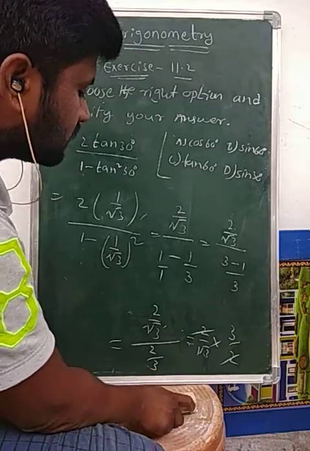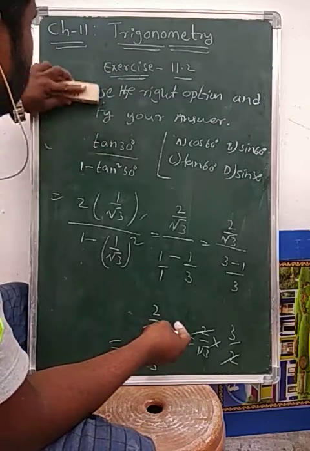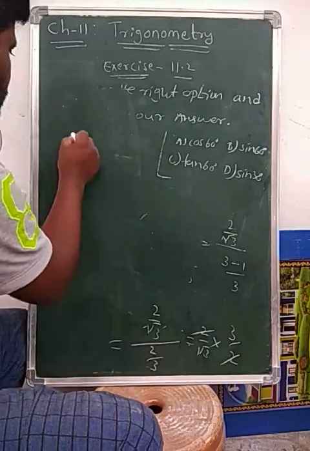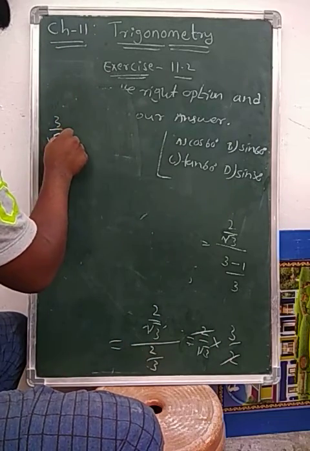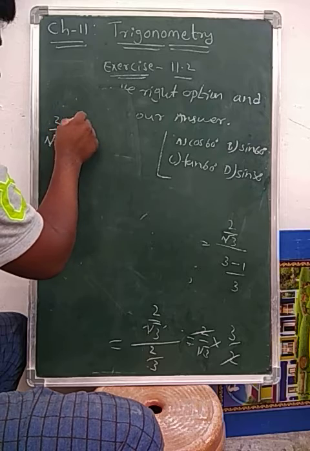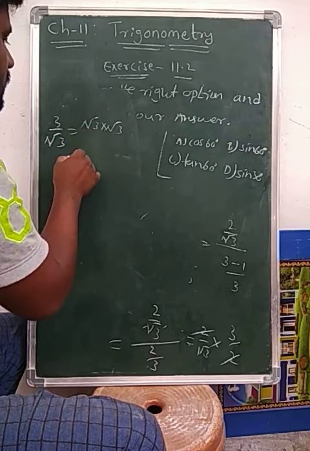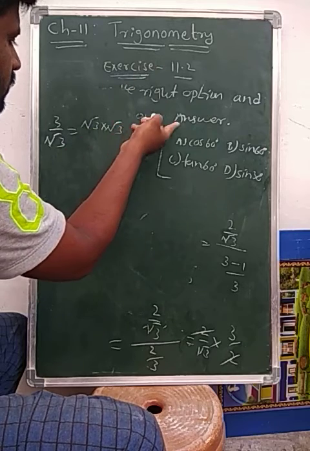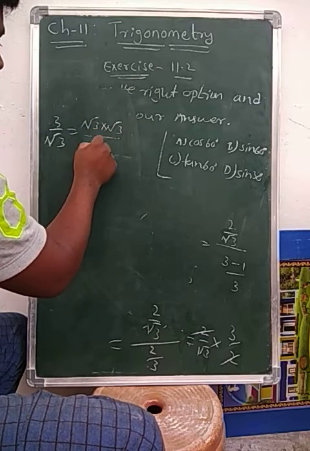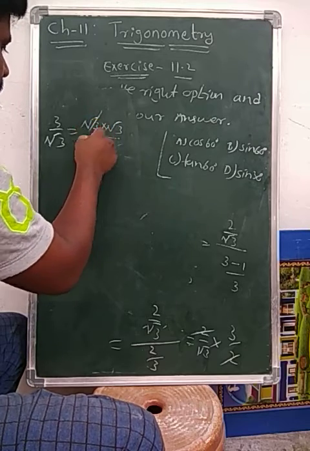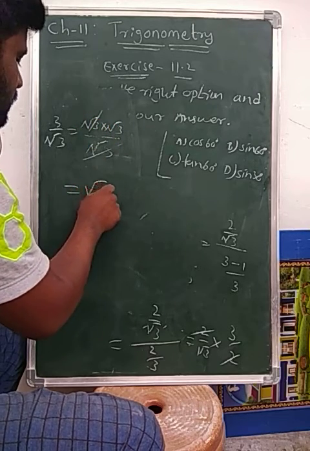Then what I get here is 3 by root 3. You can write 3 by root 3 as root 3 into root 3 over root 3. Root 3 into root 3, that is root 3 whole square, that is nothing but 3 by root 3. Root 3 cancel means we get the value root 3.